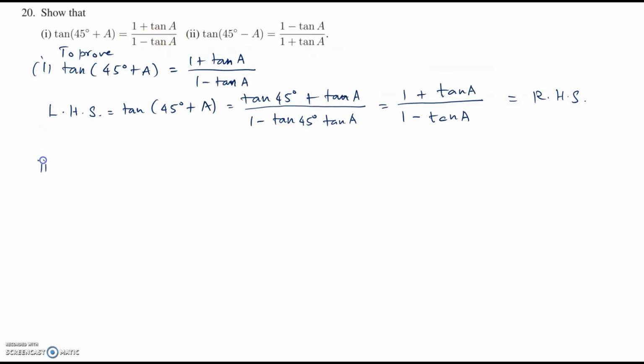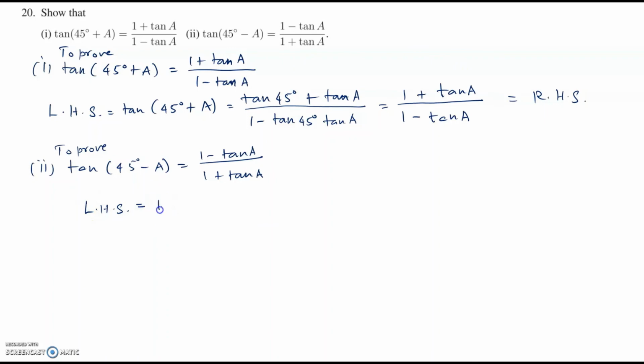Now let's go to the second one, which is we have to prove tan(45 degrees minus A) is equal to (1 minus tan A) divided by (1 plus tan A). So let's take the left hand side.